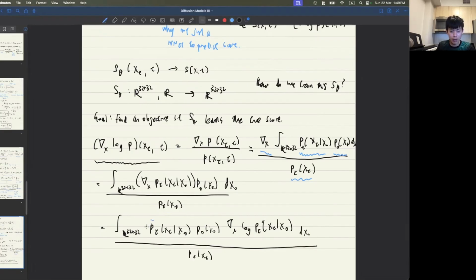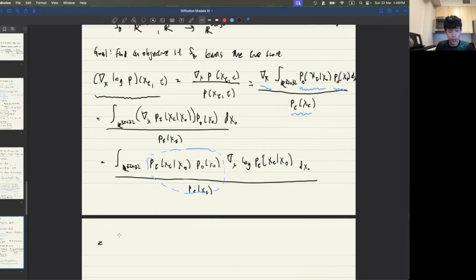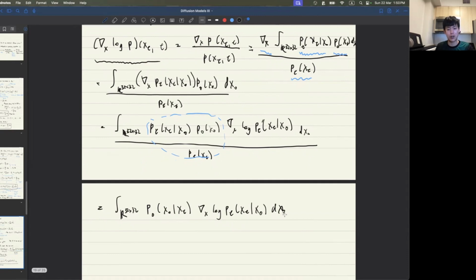Now, these three terms can really be combined into the Bayes form. And we should be able to get the integral over R32 by 32 of p0 x0 given xt, the gradient of log pt xt given x0 dx0. And this integral is over x0. We have our probability density over here.